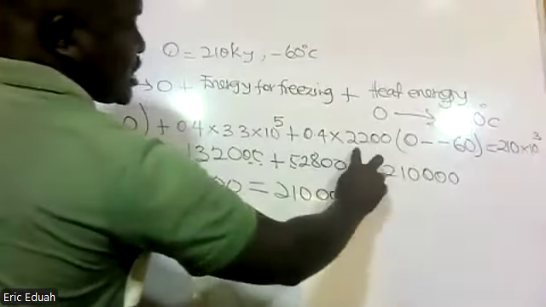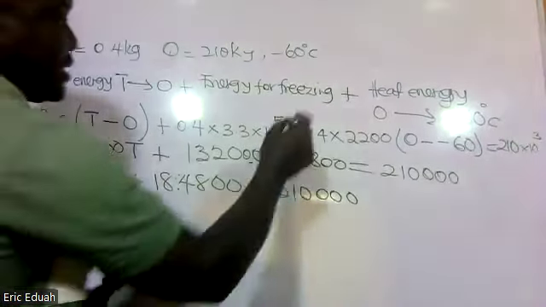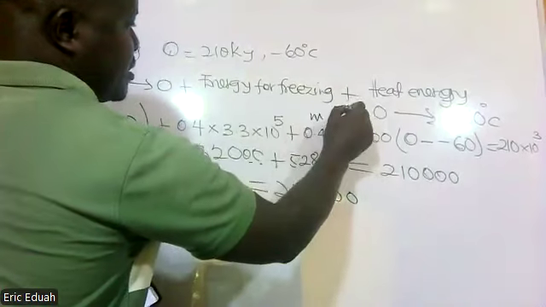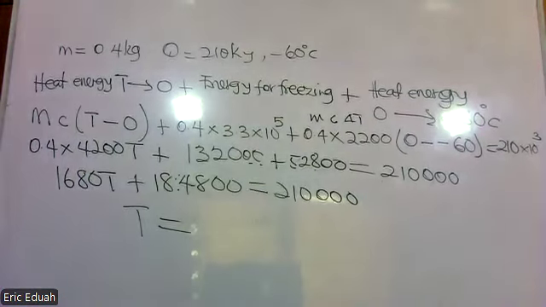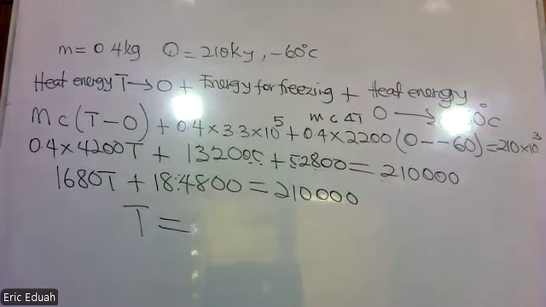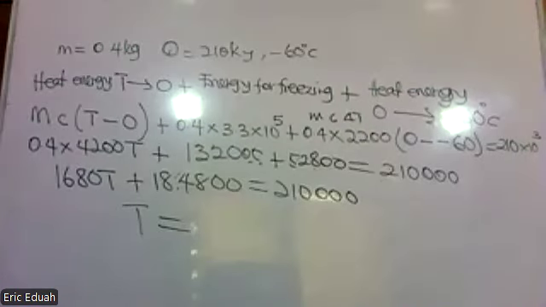That's the specific heat capacity of ice, in MC delta T. But you gave us 210.